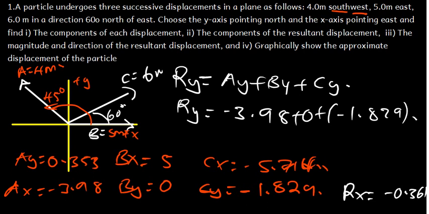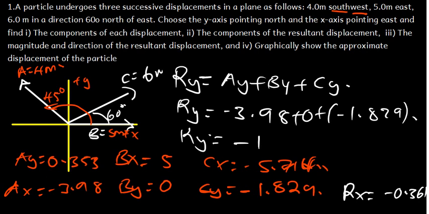So it's going to be negative 3.98 plus 0 minus 1.829.